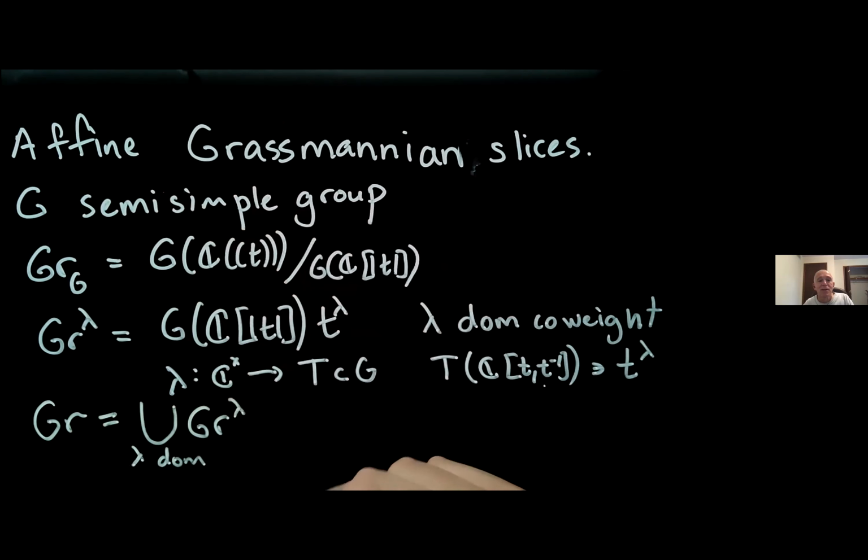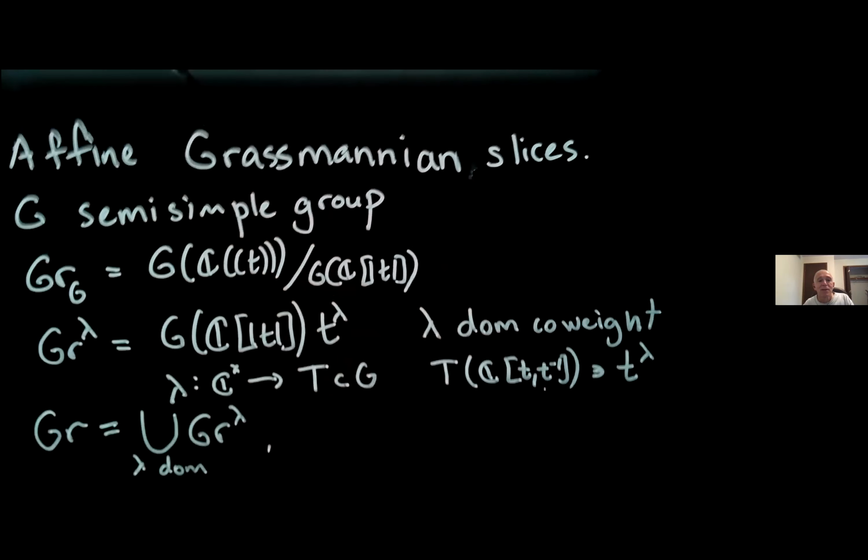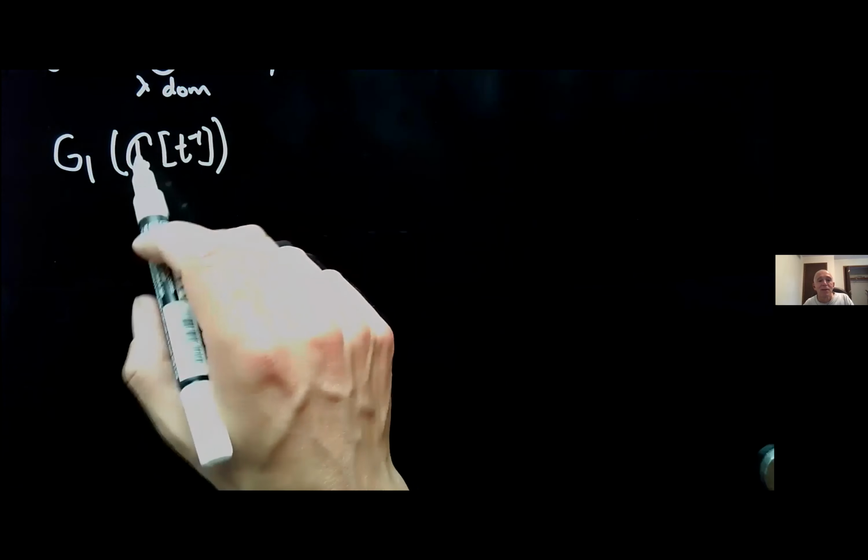Now we're interested in transversal orbits to these orbits. For these transversal orbits, we will take a different group, which is the group G1[t inverse]. So here we take G of t inverse, embedded inside of the Laurent series, polynomials in t inverse.